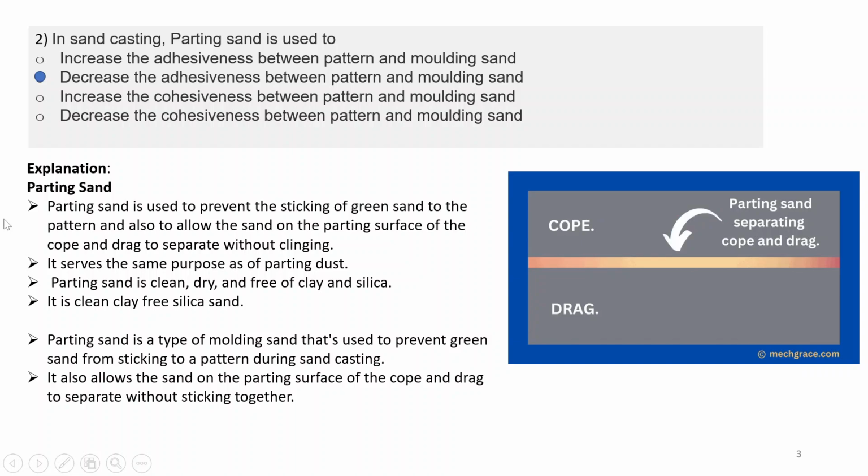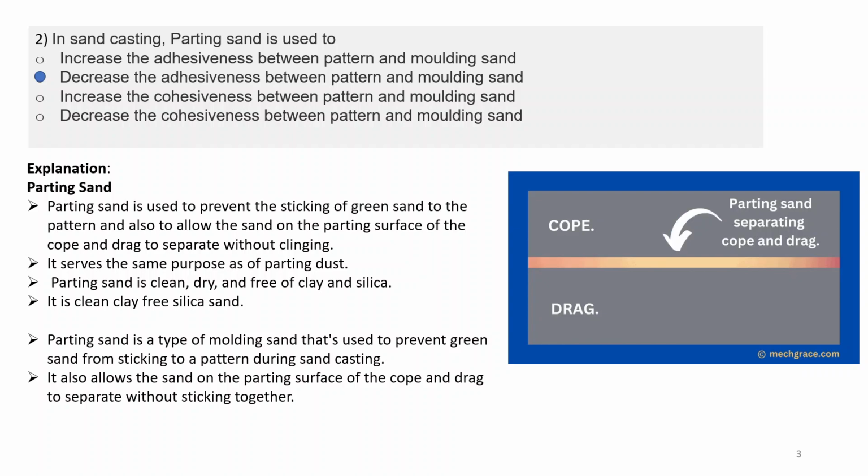The parting sand is used to prevent the sticking of green sand to the pattern, and also to allow the sand on the parting surface of the cope and drag to separate without clinging. It serves the same purpose as parting dust, and parting sand is clean, dry and free of clay and silica, a clean clay-free silica sand.